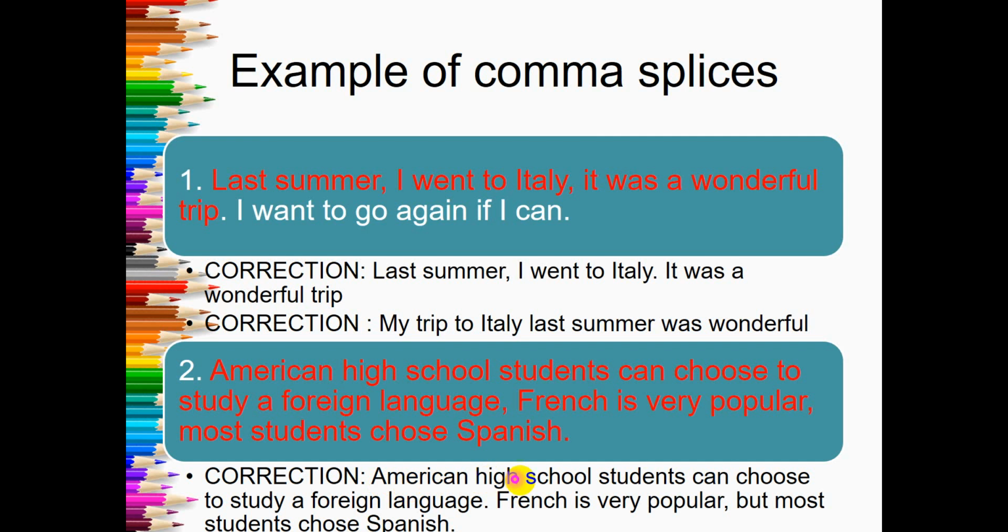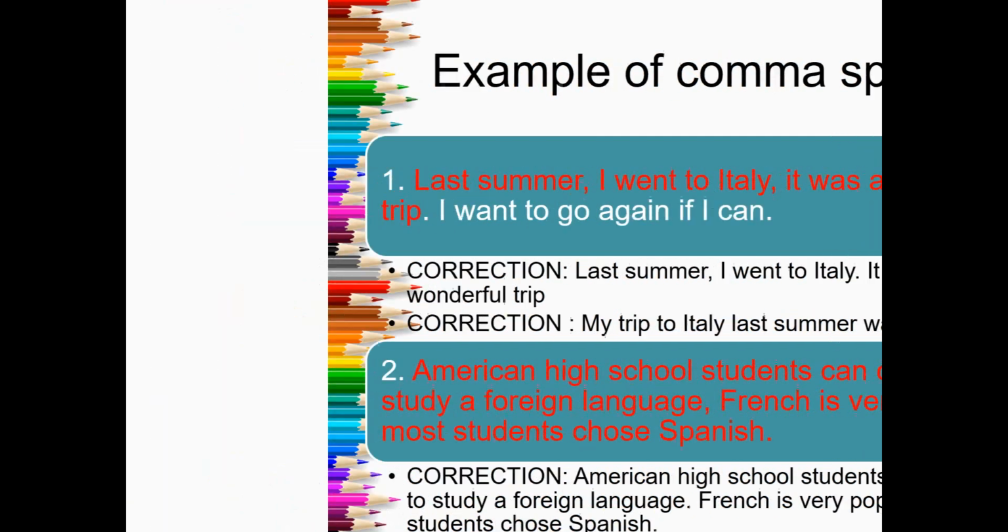It becomes: "American high school students can choose to study a foreign language." Full stop. So it becomes the main idea. "French is very popular, but most students choose Spanish." This is the detailed information. In that case, the sentence can be better. The idea is clearer because we separate the sentences by using a full stop.